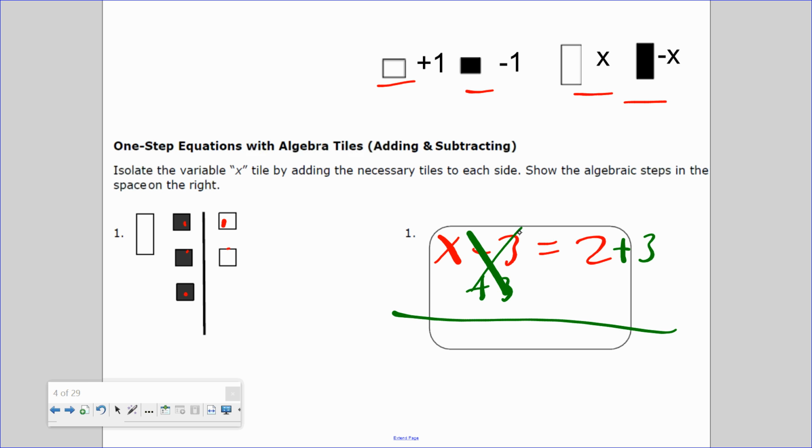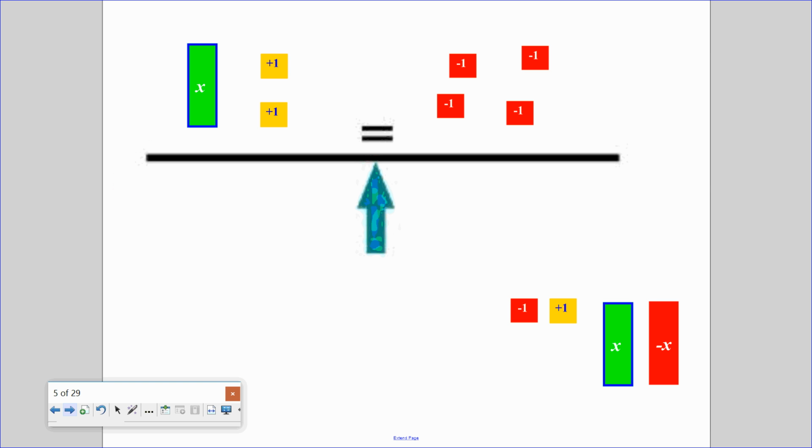This cancels out. So x equals 2 plus 3, which is 5. Now it's time to check our work to see if we did it correctly. So our original problem was x minus 3 is 2. If I replace the x with 5, it's 5 minus 3 equals 2. Check mark.